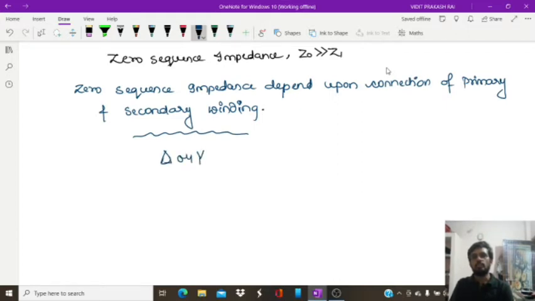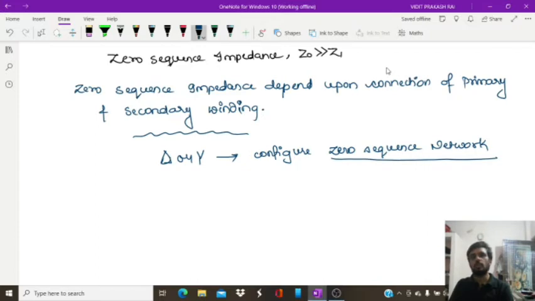Okay, so these connections actually configure your zero sequence network. So your zero sequence network of the transformer depends upon the connection you have provided here, either star or delta.